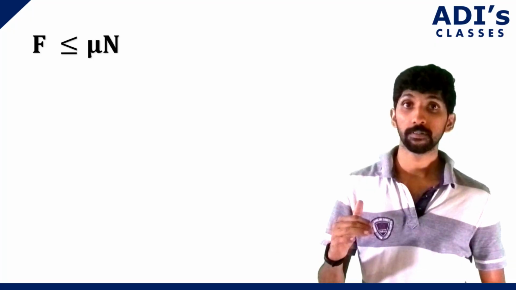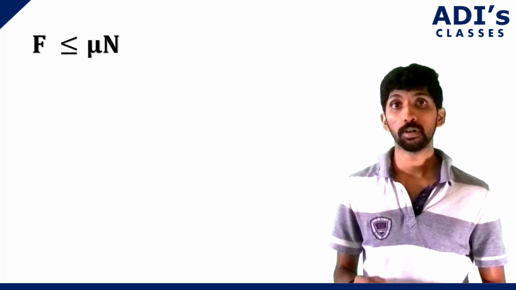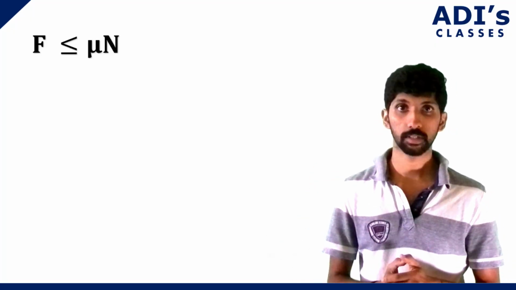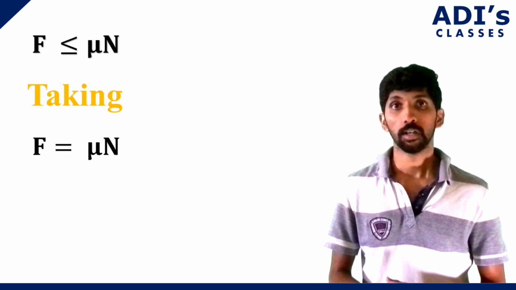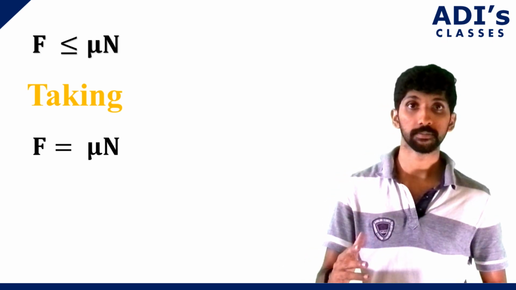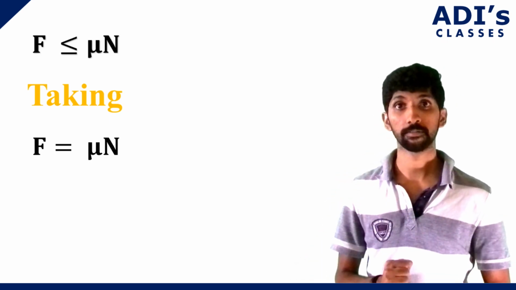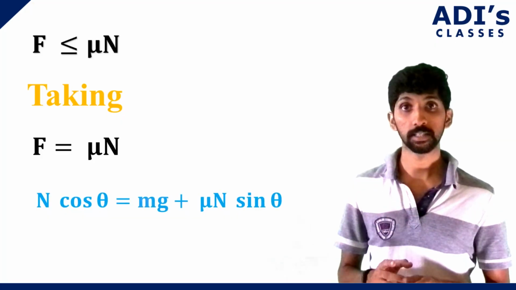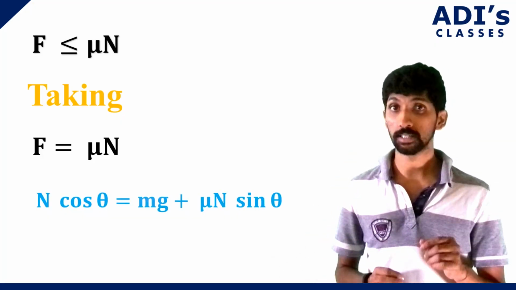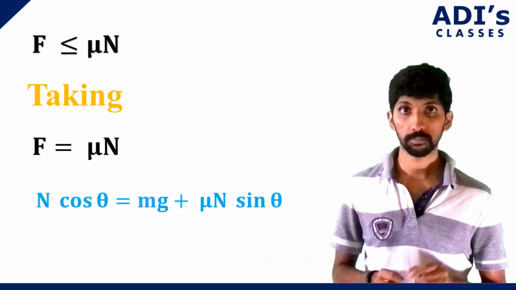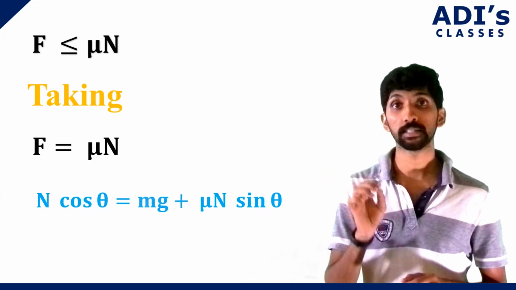Now, we have f less than or equal to mu into n. That's the whole point of it. Now let's say it is equal to mu into n. Then for the first equation, instead of f, we put mu into n, so n cos theta is equal to mg plus mu n sin theta.